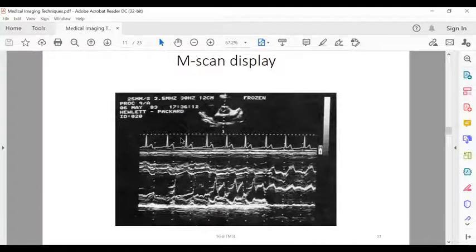The brightness represents the movements of structures over time. The brightness of the trace is set below visibility level so that the brightness becomes proportional to each echo. Generally it is used to measure the cardiac chamber dimensions and assess the valvular structure and function.